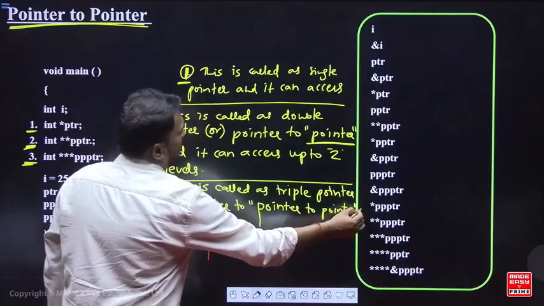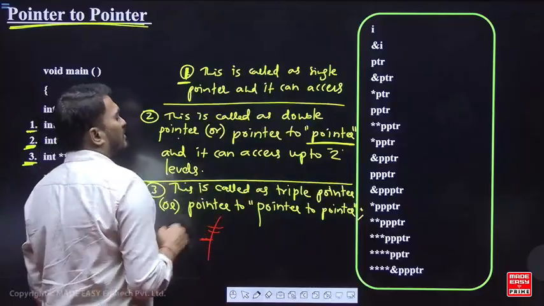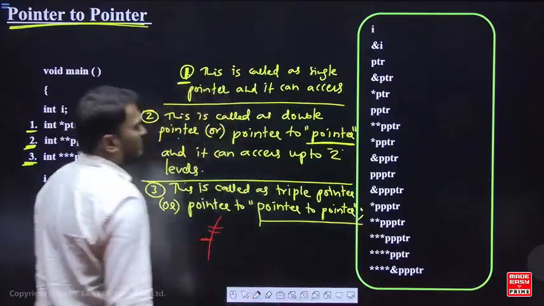This is called as a triple pointer or pointer to pointer.